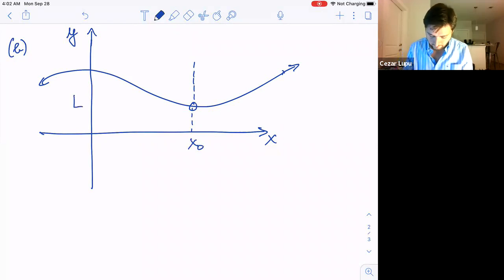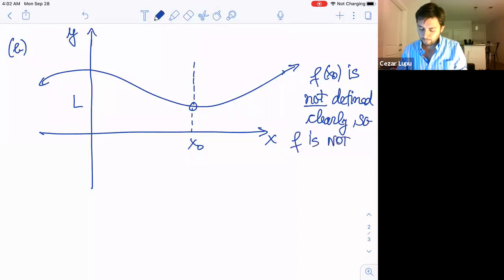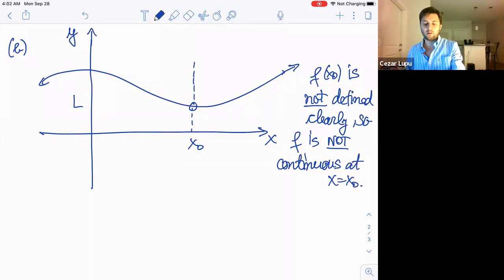Here is L. Well, in this case, as you can see, f of x naught is not even defined clearly. So we can say without any doubt that f is not continuous at the point x equals x naught, right? So this is another picture where the value at x naught does not even exist.